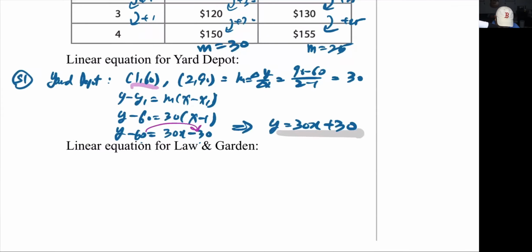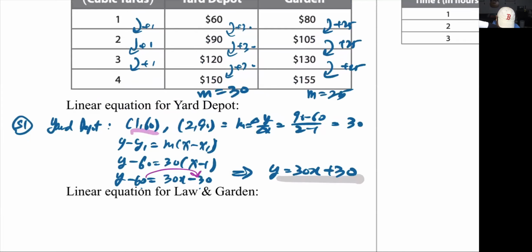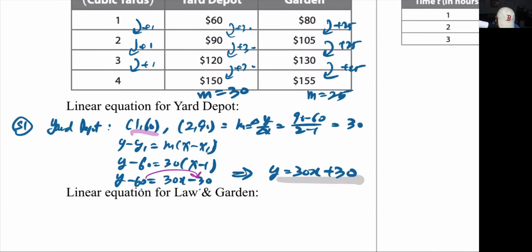So now this is asking us to find the linear equation for the lawn garden. Lawn garden is very similar in that we got 1, 80. Remember, for 1 cubic yard, it's $80. And we could use anything you like. If you want to use 4 and 155, it's not really necessary, so I just decided to use the easiest number possible.